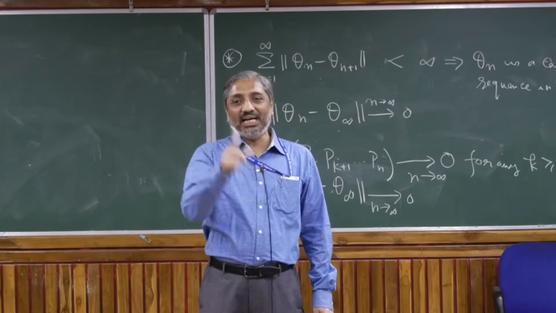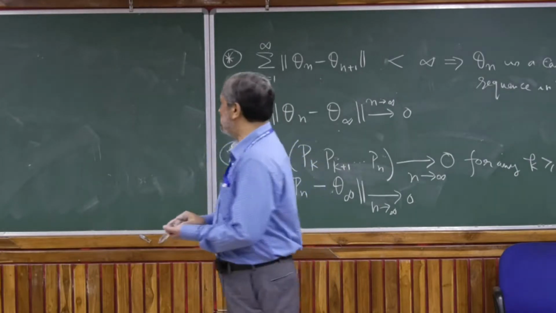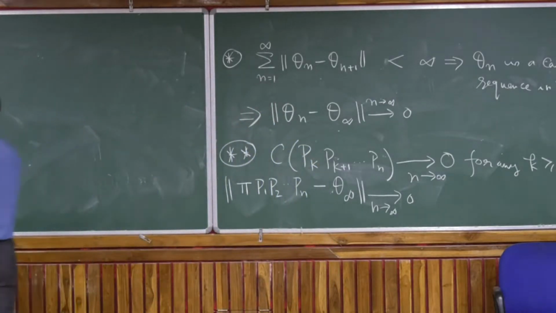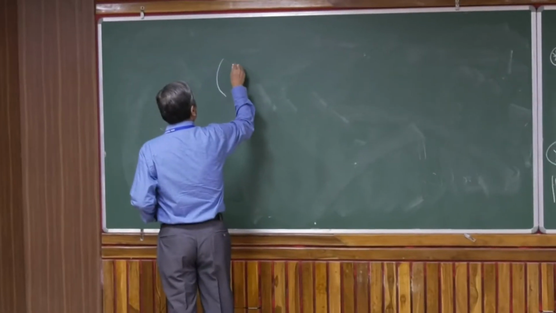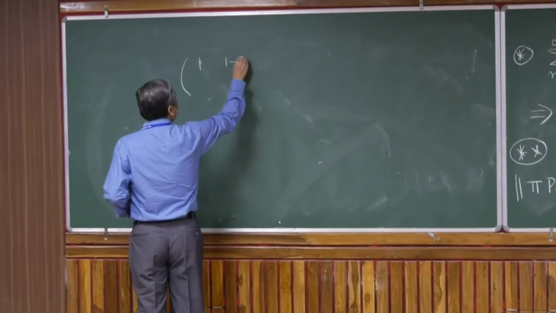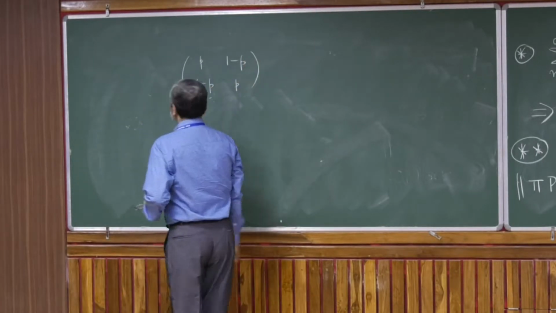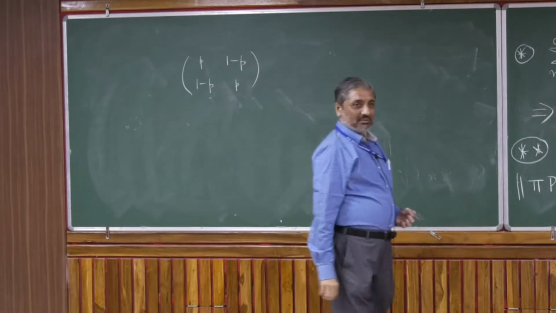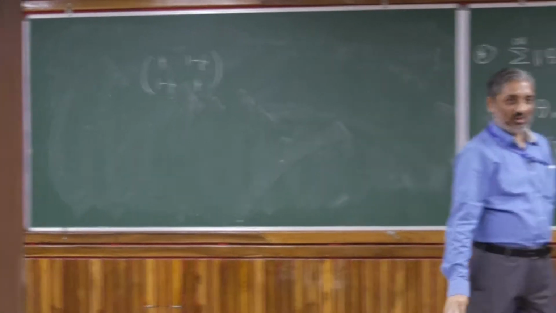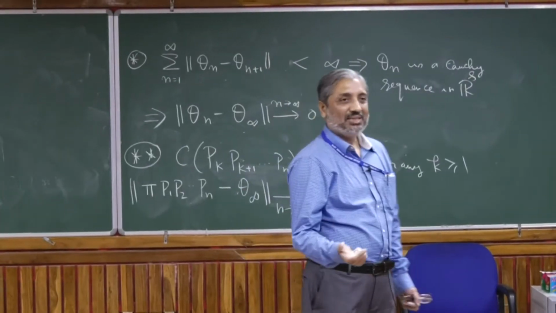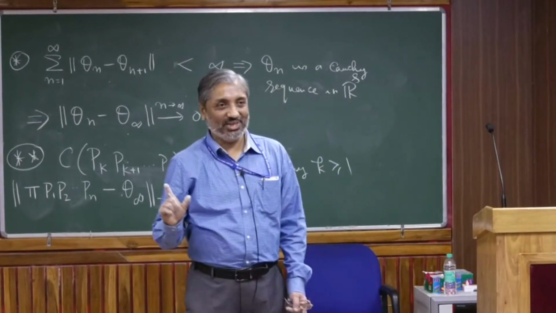So if I want to generate the Markov chain with such a transition probability matrix, my transition probability matrix is now P, 1 minus P, 1 minus P, P. And this P is strictly between 0 and 1, okay? My coin may not be fair, but it should not be completely loaded, okay?